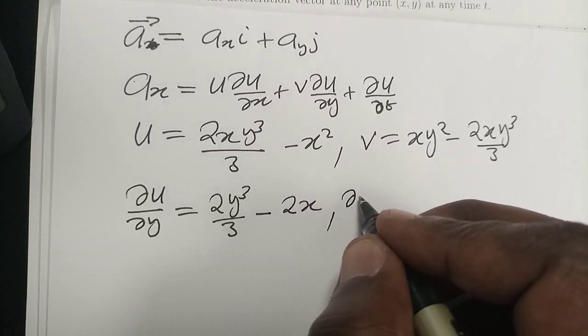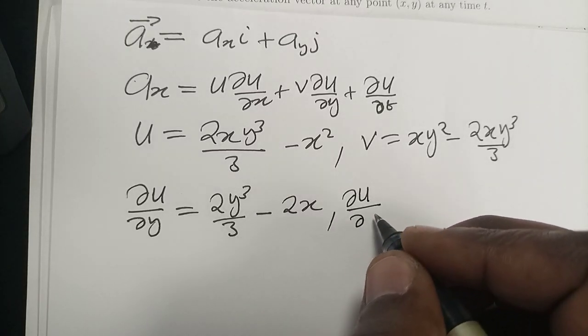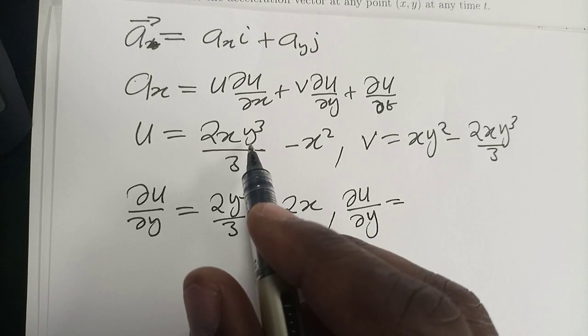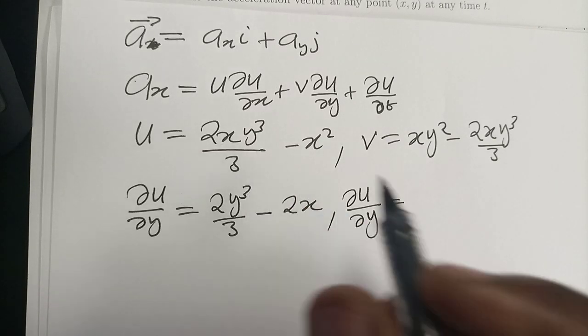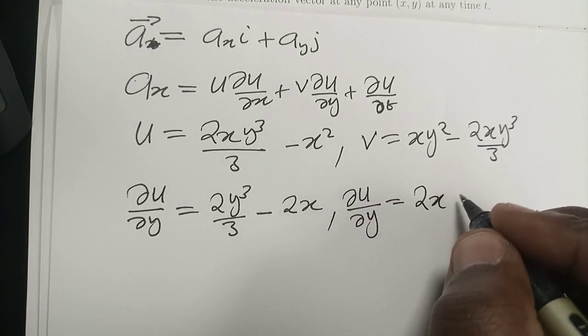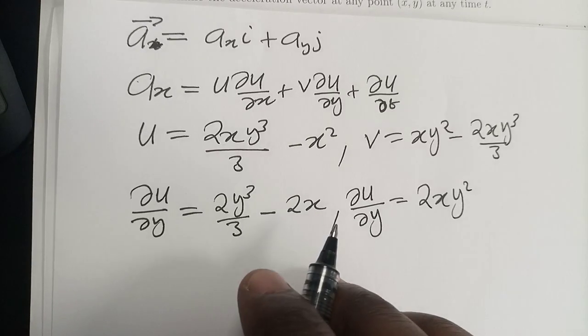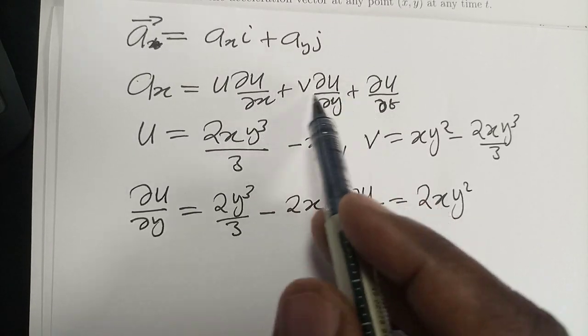Then differentiating the same u with respect to y, the derivative of this will be 2xy squared. Then we substitute it back into this equation.